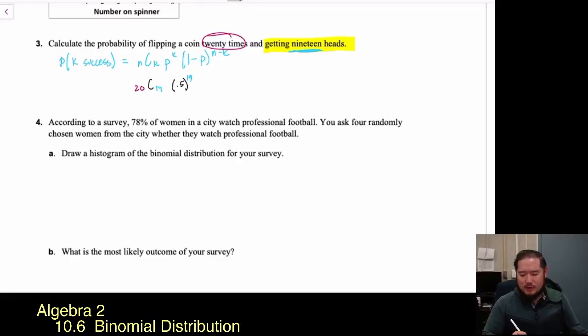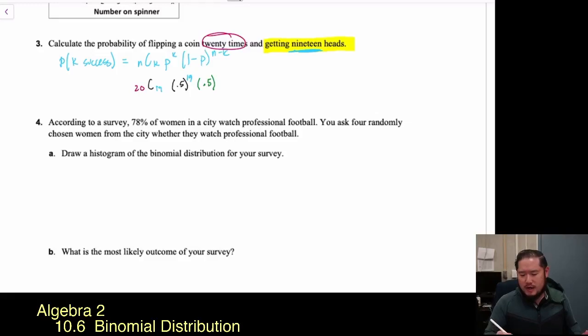So then the second part is this 1 minus p. The 1 minus p is going to represent the other side of it. It is going to represent the probability of failure. Luckily, the probability of failure is 1 minus 0.5, because you have a 50-50 chance. So we take 1 minus 0.5 and we end up with 0.5.